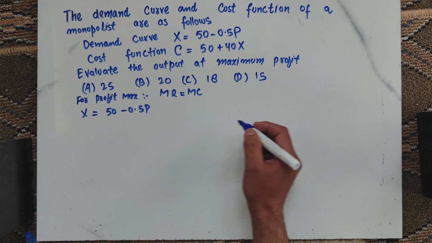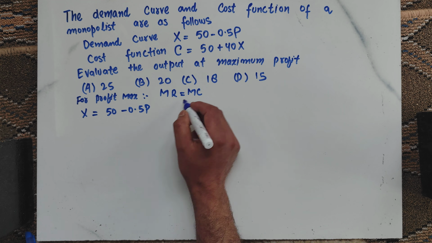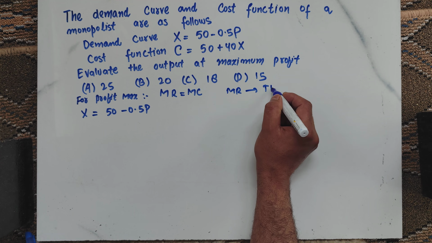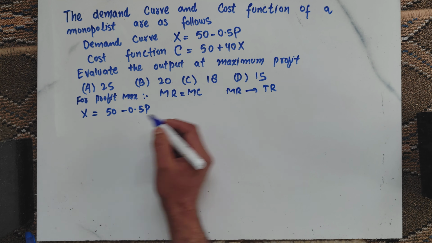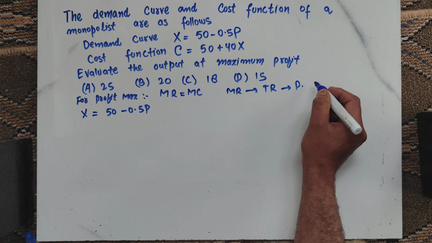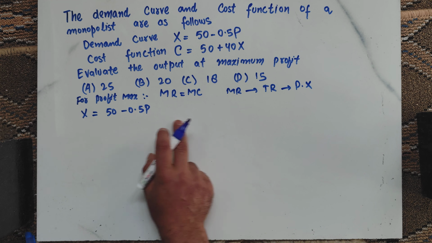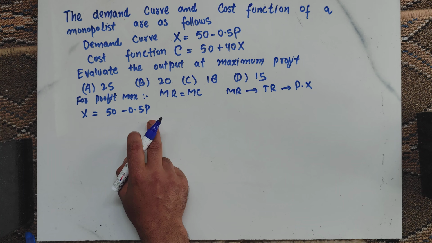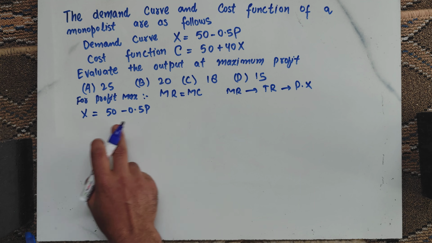To find out the marginal revenue, first we should know the total revenue, and we know that total revenue is price times output. But our demand function is solved in terms of output, so we need to find the inverse demand function. Let us solve it for p first.